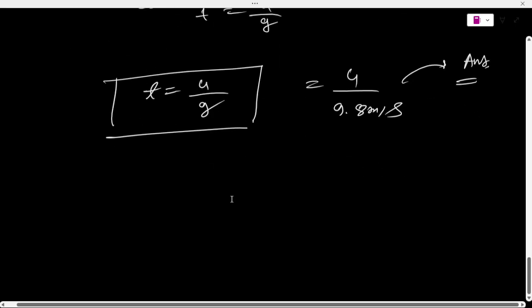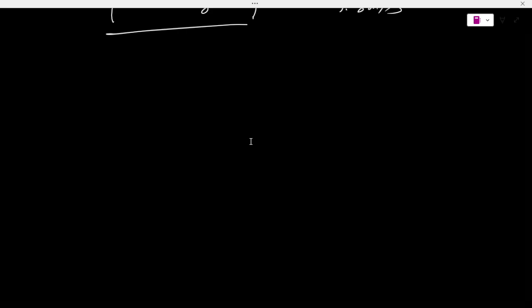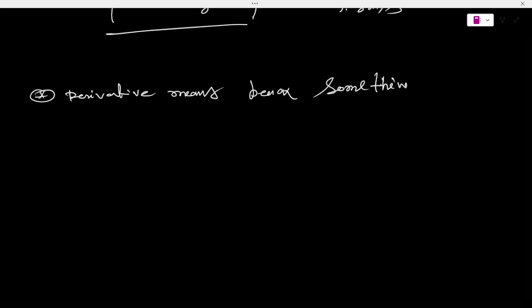Clear? And after that, let's say integral calculus. Before I start integral calculus, I want to say that derivative means to break something in a very small quantity.